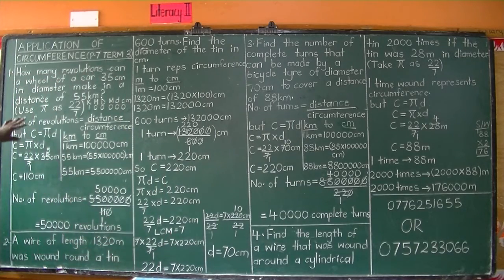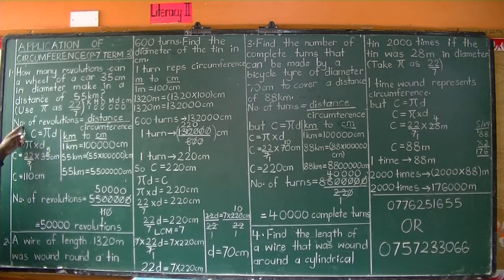So, how many revolutions, how many rotations, how many turns will it make to cover a journey of 55 kilometers, given that it is 35 centimeters in diameter? They are saying take pi as 22 over 7.